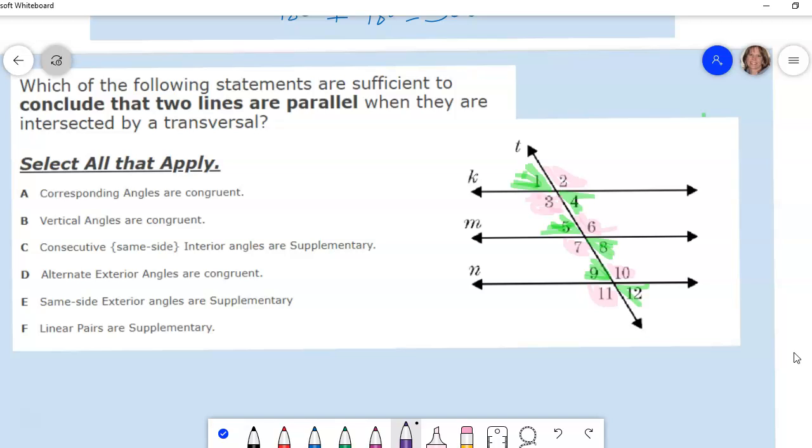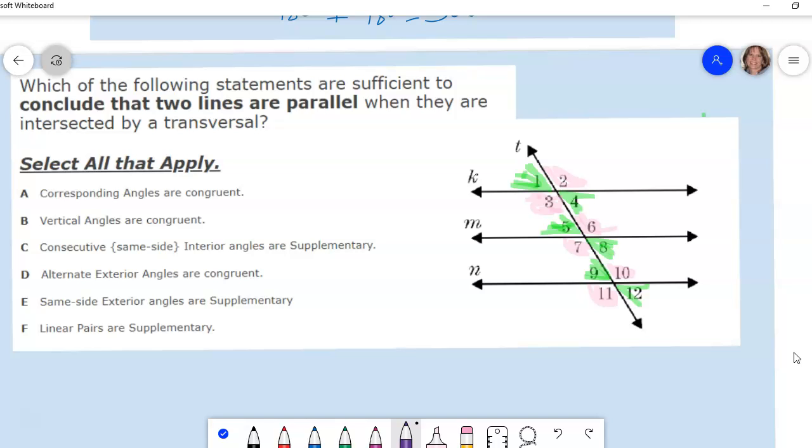The question is, which of the following statements are sufficient to conclude that two lines are parallel when they are intersected by a transversal? So again, we're trying to prove that the two lines are parallel. We need to think about the properties we can use to justify that, and that's the converse of some of the theorems we've been using this particular cycle.